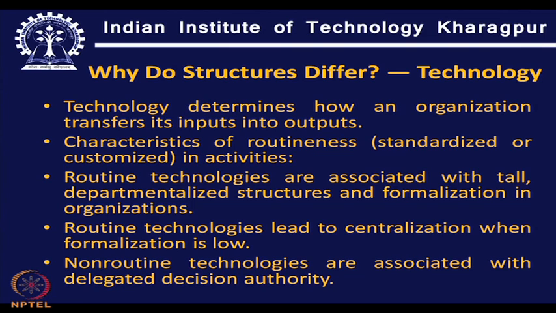Routine technologies are associated with tall departmentalized structures and formalization in the organization. Routine technologies lead to centralization when formalization is low. Non-routine technologies are associated with delegated decision making authority. So, what we find is decentralization when we are talking of non-routine technologies.